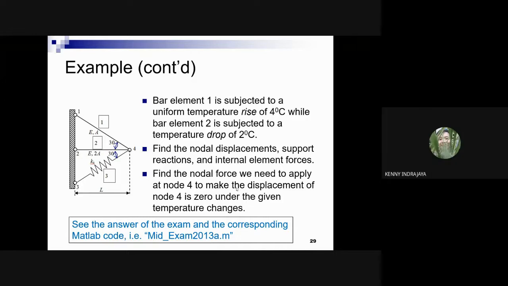Sir, for node 4, if we just apply the force opposite of the one that we already calculated, does it really give zero displacement on node 4? Because I think it might be possible node 4 still moves because of the temperature change.